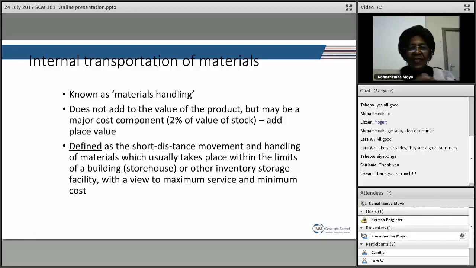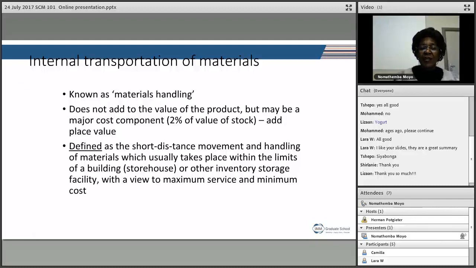Then we look at the internal transportation of materials, which is known as materials handling. It does not add any value to the product, but may be a major cost component, like 2% of the value of the stock. It doesn't make it better, but there has been a lot of handling.